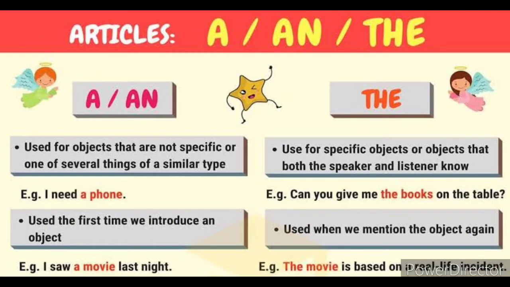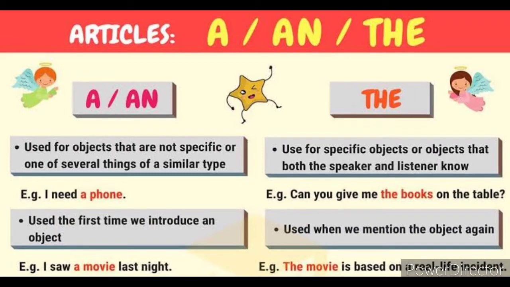For example, I saw a movie last night. So the first thing, the indefinite articles a and an are used to refer to objects in general. And the next thing, they are used the first time we introduce an object.